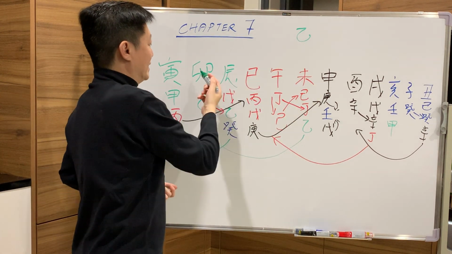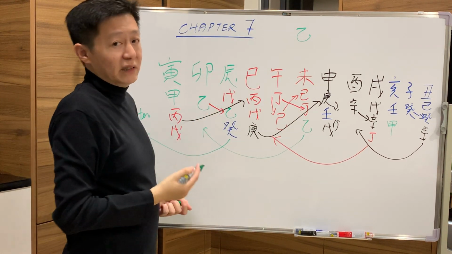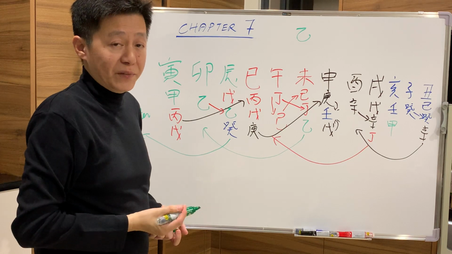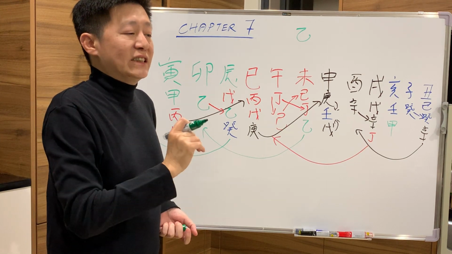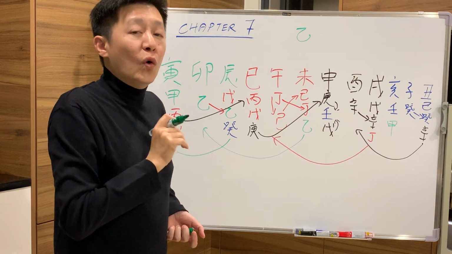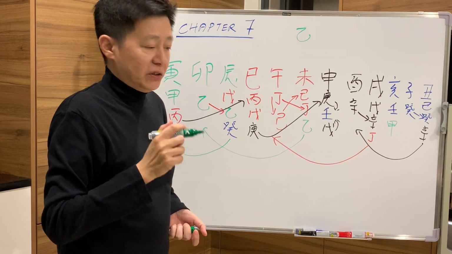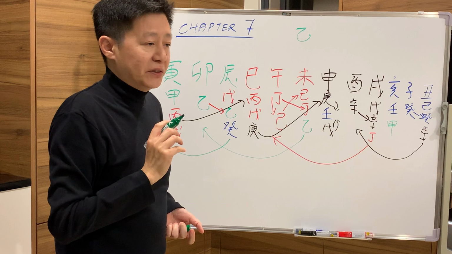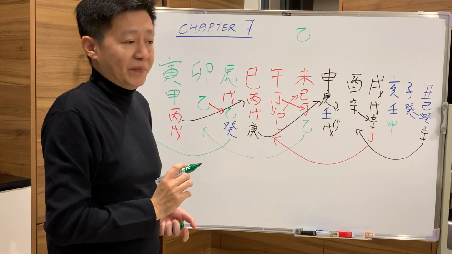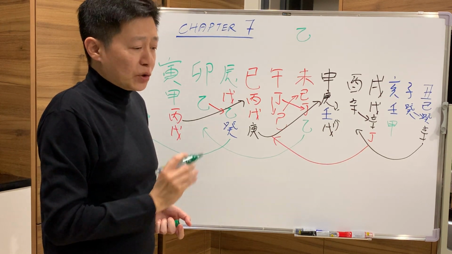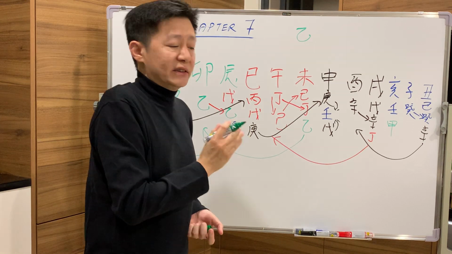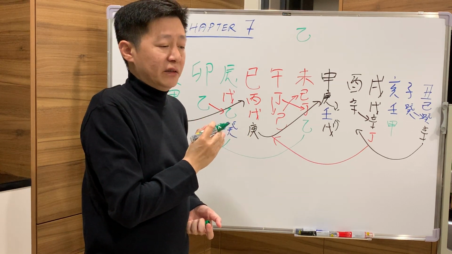So the day master sees rabbit, they see themselves definitely very strong. When your day master is strong by your own polarity, you can make decisions very fast. You can decide everything for yourself. Understand or not?